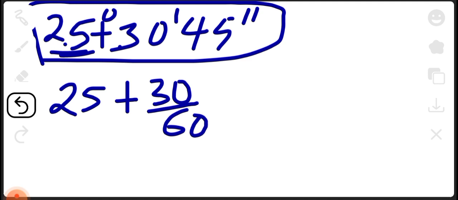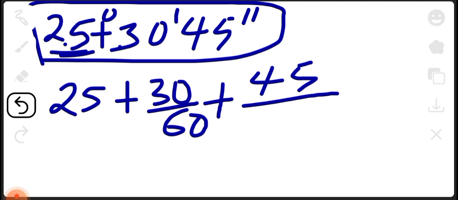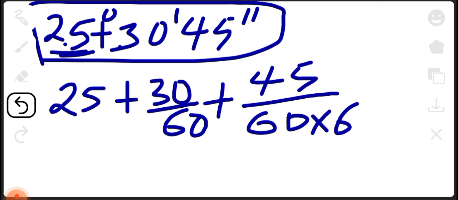So this 30 minutes now, you divide it by 60, that will move it to degree, plus this 45. Remember, before we move from degree to seconds, we multiplied 60 by 60. So you divide this one by 60, and another 60 again, which is 60 times 60, or you can just use 3,600.